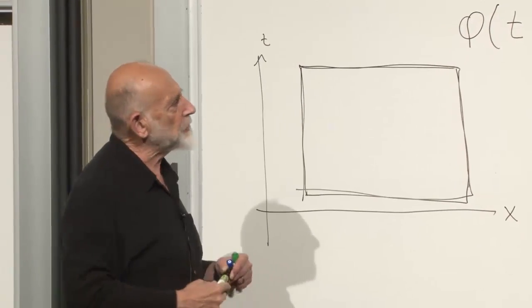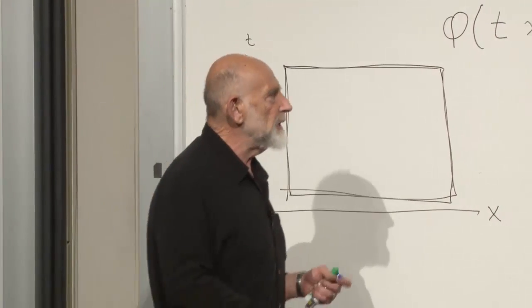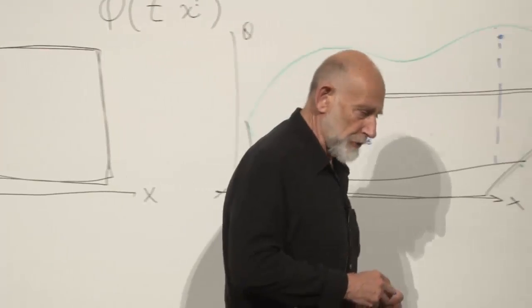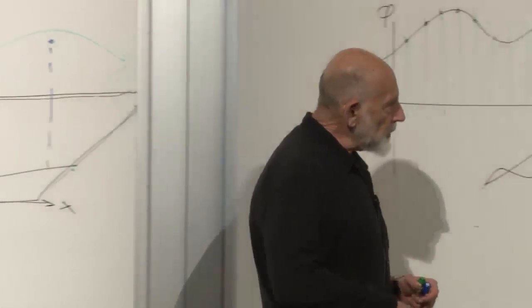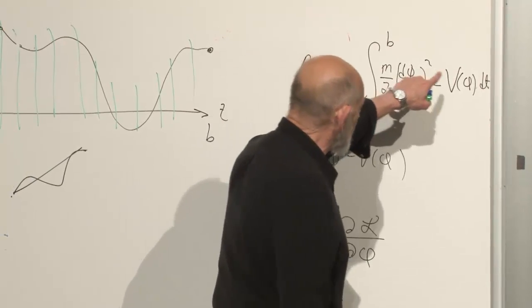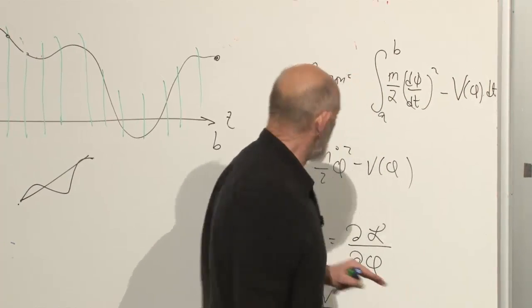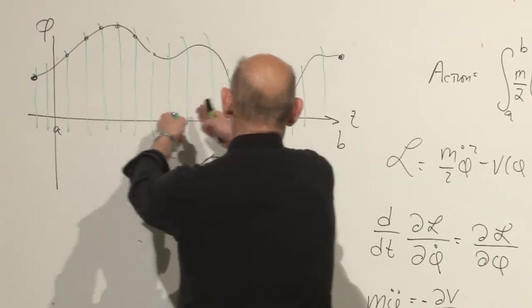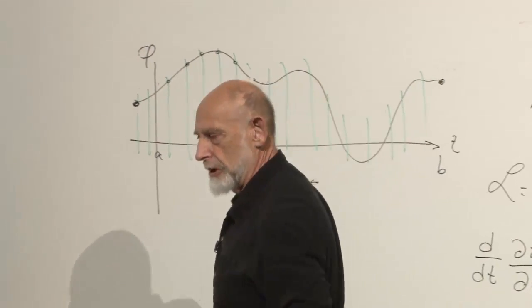All right, so how would we in practice do this? First of all, we would need an expression for the action. The expression for the action will be, just as it is here, it was an integral over time. In other words, a sum of terms for each one of these little segments here.